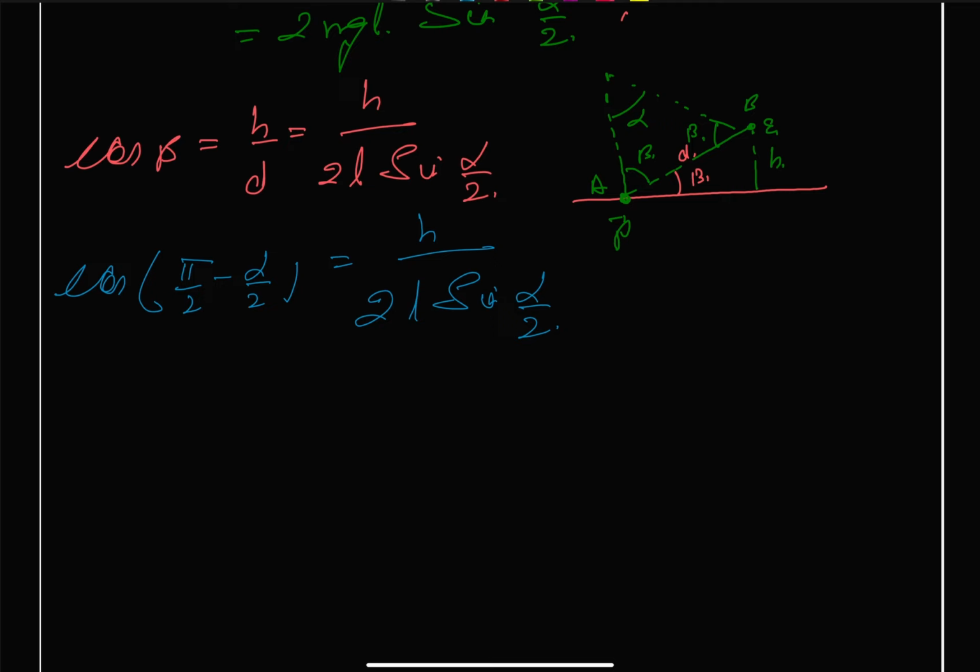So we get this as our sine alpha by 2 is equal to h upon 2l sine alpha by 2. So this gives us sine square alpha by 2 is equal to h upon 2l.